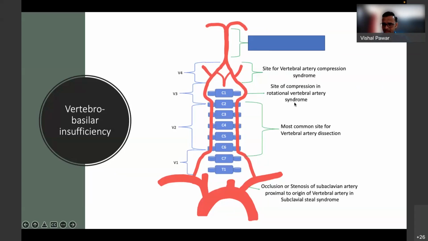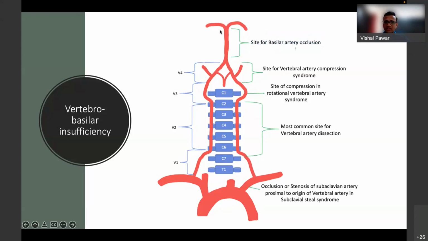But recently, the Barany Society has named rotational vertebral artery syndrome with a newer term called vertebral artery compression syndrome. So there is little controversy in this terminology, but we can remember brainstem vascular compression for the time being, and definitely the Barany Society will come up with a terminology for this syndrome also.